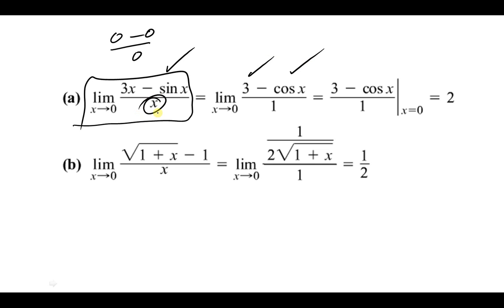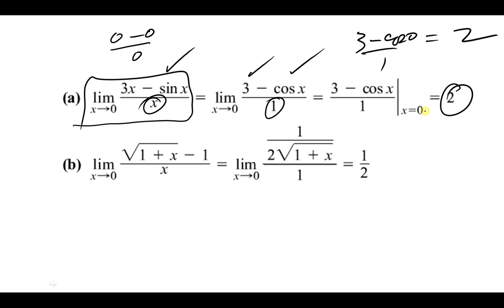The derivative of the denominator is 1. Now plugging in, we get 3 minus cosine of 0 over 1, which is equal to 2. So the limit of this function is equal to 2.